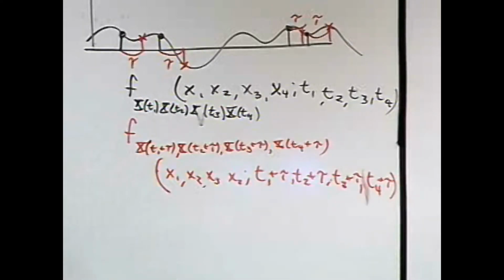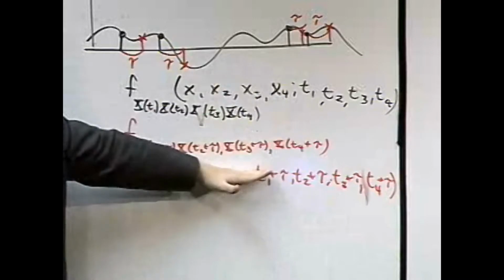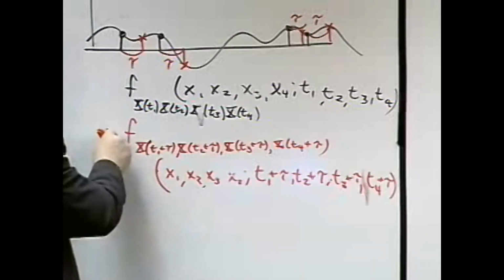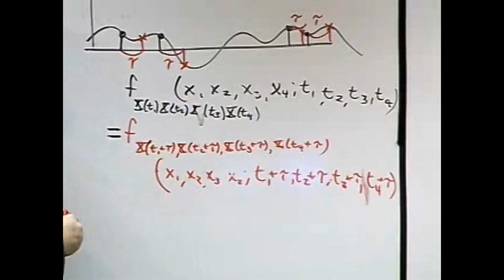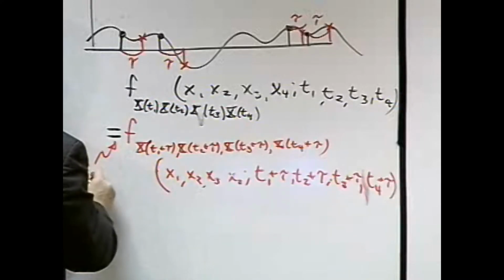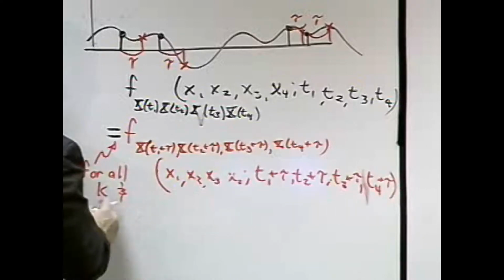If we have a stationary process, this density function should be the same as this density function. If this is true, then we say that this process is stationary in the strict sense. Not only does this have to be true, but it has to be true for all k and choices of times.